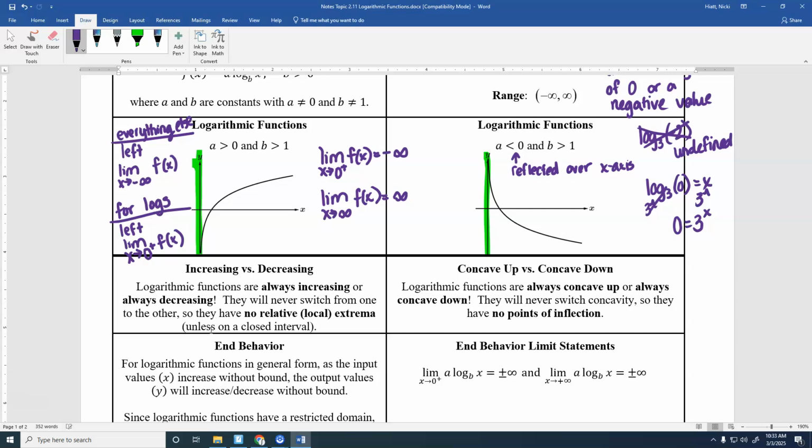So exponentials, think about what they look like. Exponential growth, as it takes off on the right side, goes up really, really fast. So when you flip it, it's still increasing, but just not as quickly. So you should always get positive or negative infinity for these.